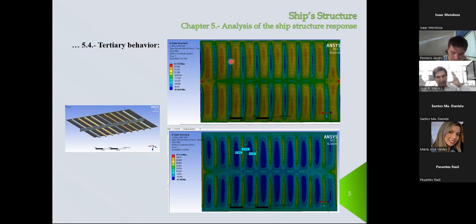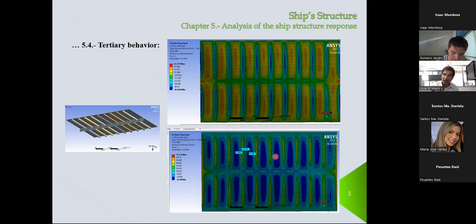It gives the impression of a group of clamped plates, one beside the other. In the lower figure we're looking at sigma x in the bottom face of the plate. The thickness is the distance between the top and bottom faces.